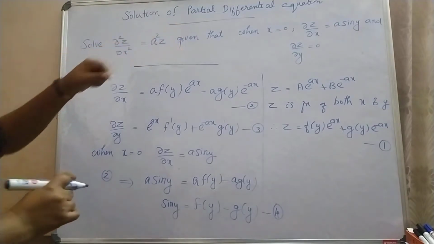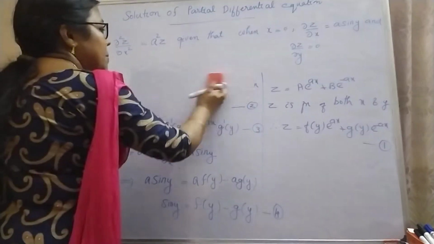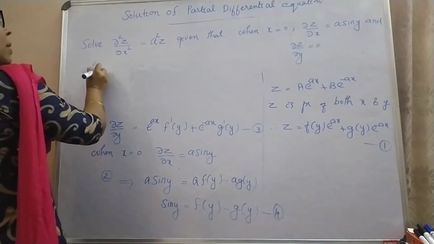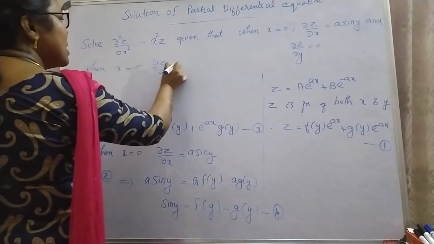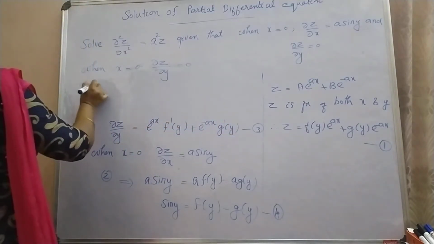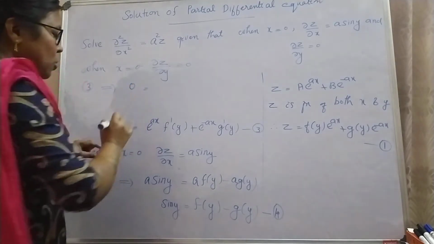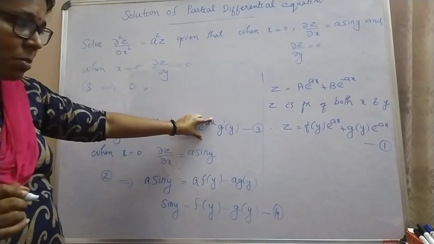Then applying the second condition. When x = 0, ∂z/∂y is 0. Therefore, equation 3 becomes 0 equals, put x as 0, so e^0 and e^(−0) become 1.